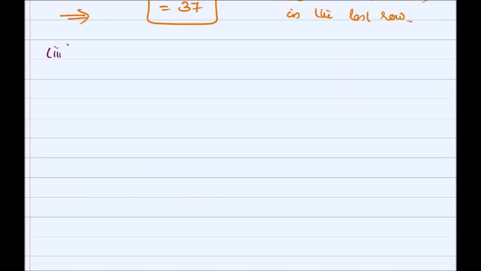Moving to the third question. If Aditya decides to make 15 rows, then how many total candies will be placed by him with the same arrangement? Here Suman arranged in 18 rows. That is, the first row is 3, then second row is 5, third row is 7, etc. But Aditya decided to make this in 15 rows.